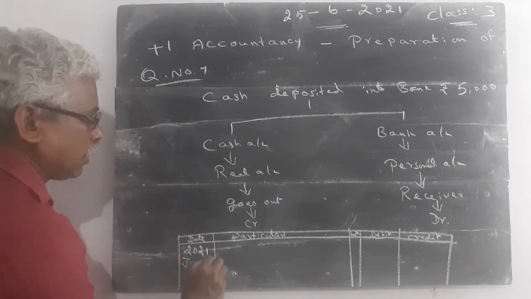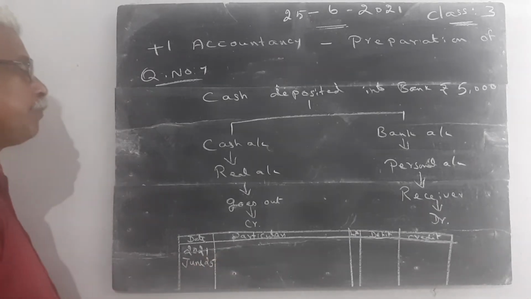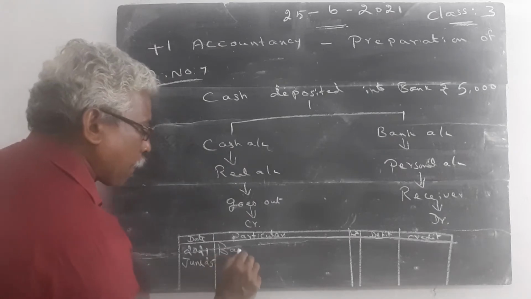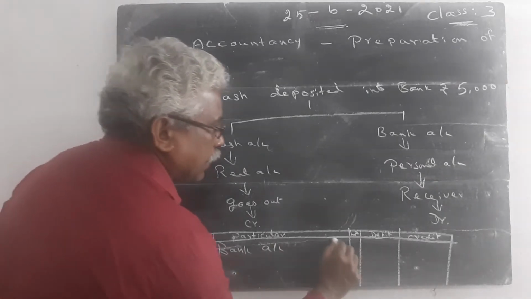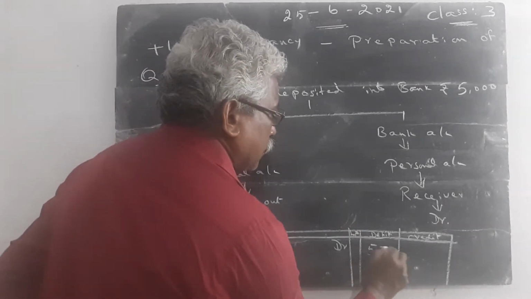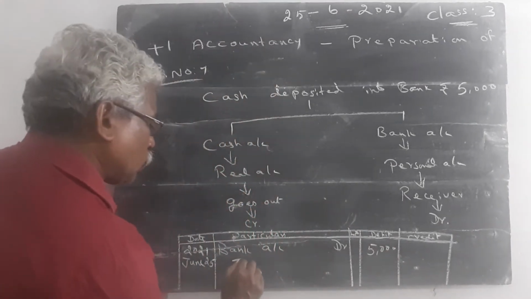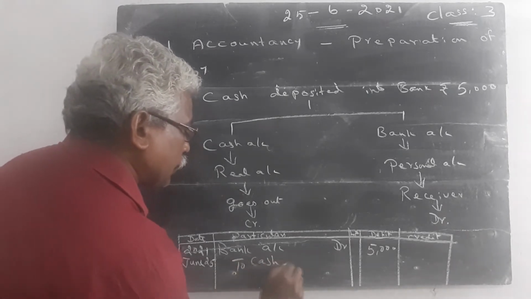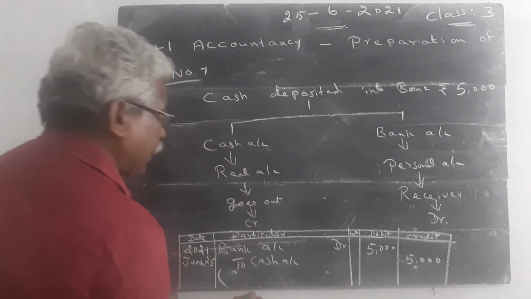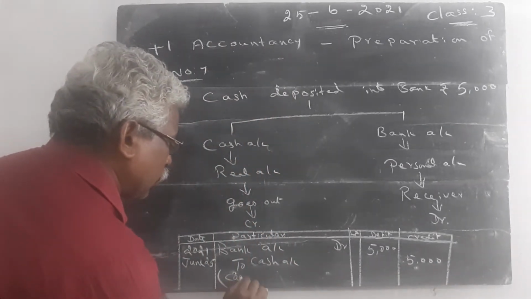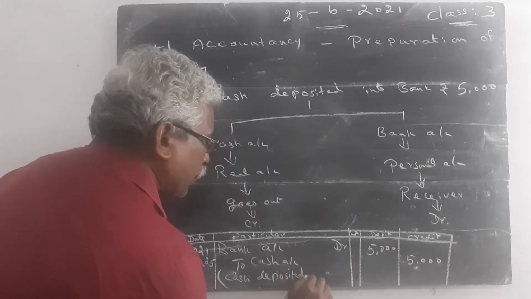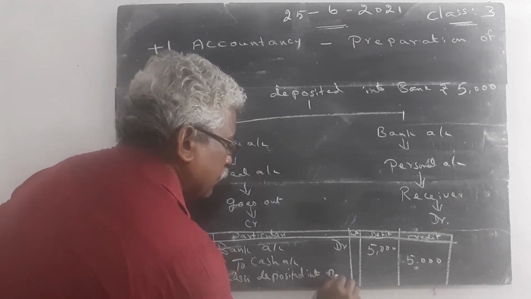The debit aspect is entered first. Bank account debtor 5,000, to cash account. Here in the credit column 5,000. Here we write the narration: cash deposited into bank.